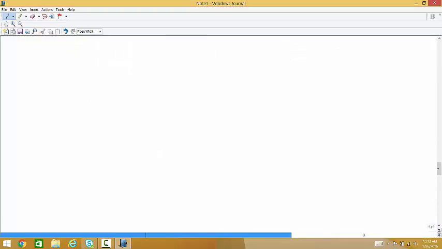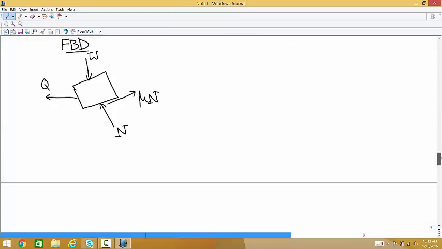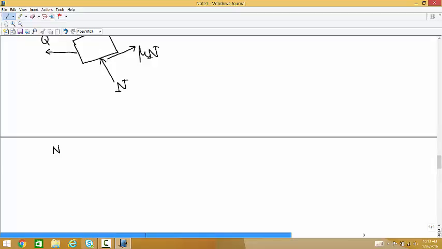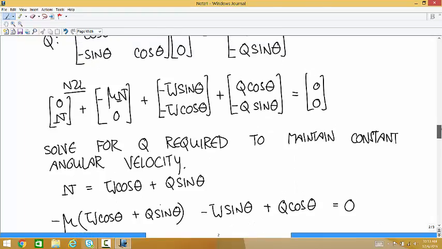Okay, so we could go through all the same steps again, but it's going to look similar. So Newton's second law has 0 for N plus, this time the friction force is in the positive x direction. So mu N, 0. The weight force is still exactly the same.